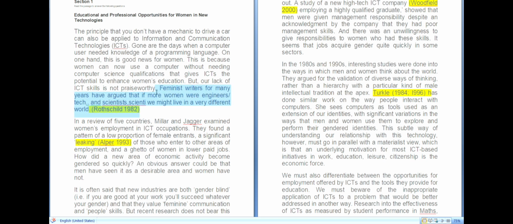Do I need to read the full? No. When we have the verbs like argued, said, discussed, from there we have to start reading because this is the line where the main information lies. That's all. See, you have already narrowed down to a single line, and from that single line you have again narrowed down to a single phrase.